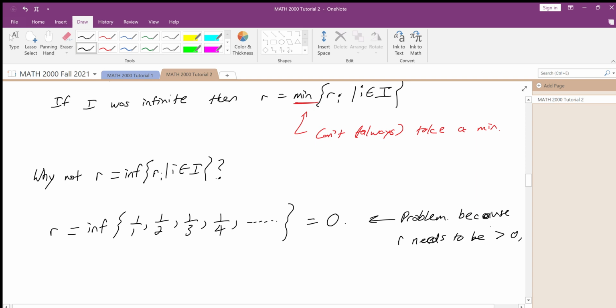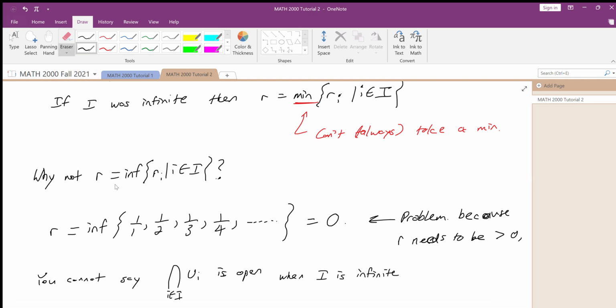So for these reasons, you cannot assume this is open when I is infinite. You cannot assume that the infinite intersection is open.